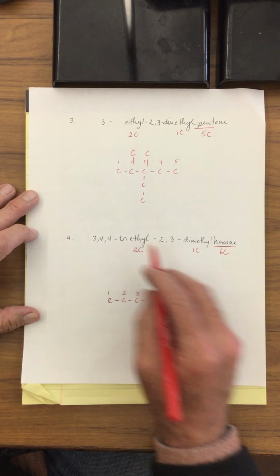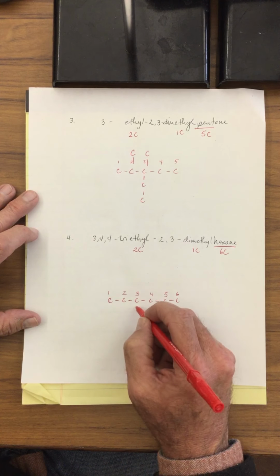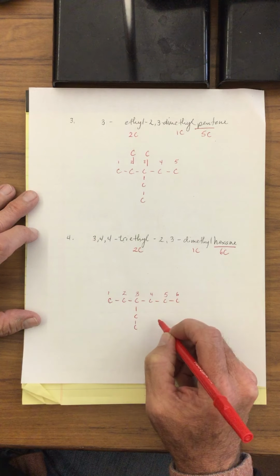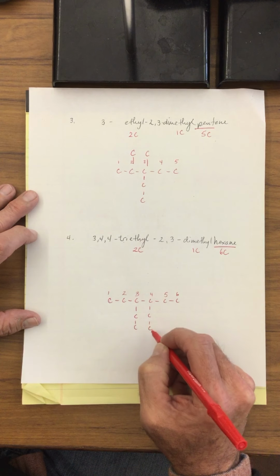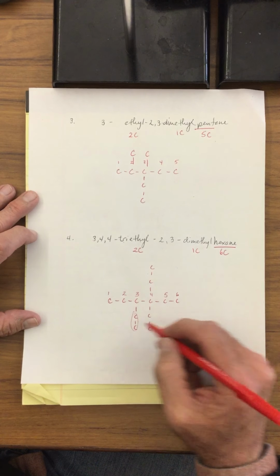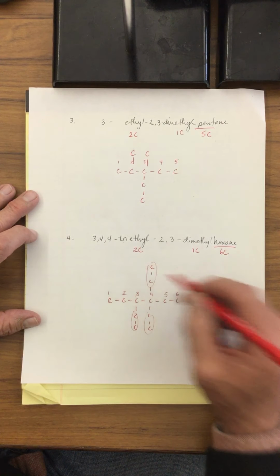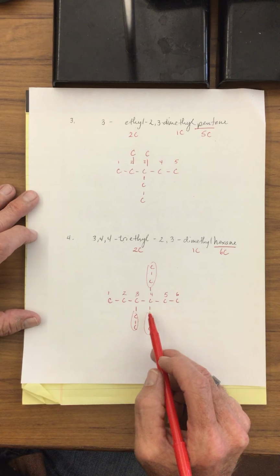At 3, 4, and 4, I have 3 ethyls, or 3 2 carbons. So I'm going to have 1 2 carbon here, another 2 carbon here, and another 2 carbon here. There's my ethyl, ethyl, and ethyl. My triethyl is located at carbons 3, 4, and 4.